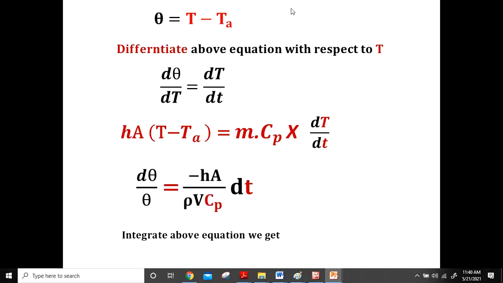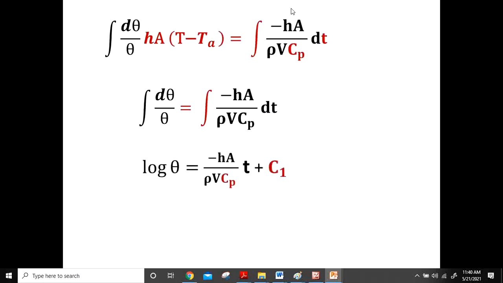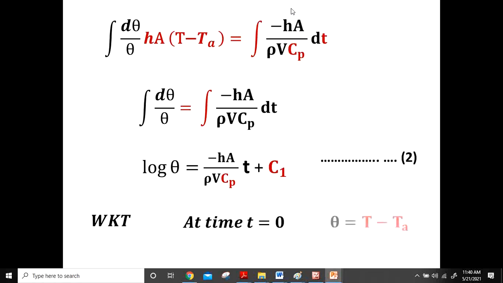Integrate the above equation. Here you can't apply the limits. This is the integration, and you will get the value of C1 for the integration. We know that at time t equal to 0, T is equal to Ti, therefore theta is equal to theta i.